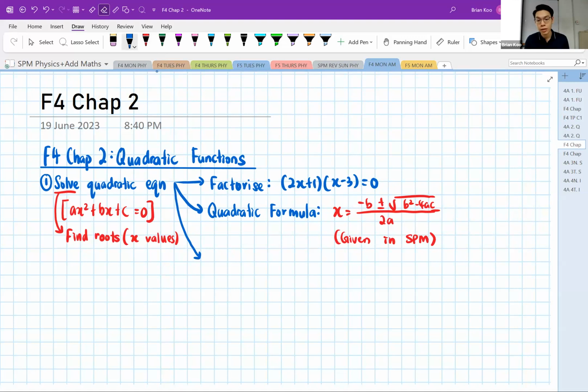The third way is by completing the square.